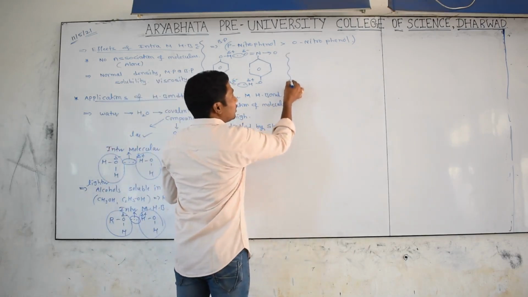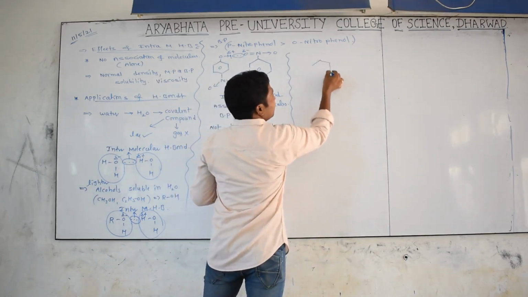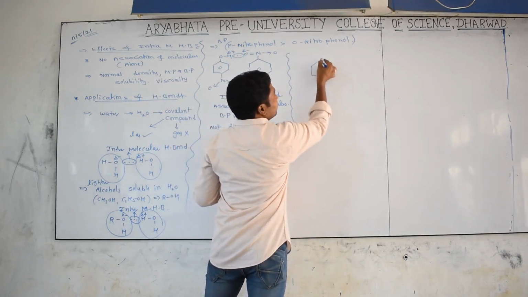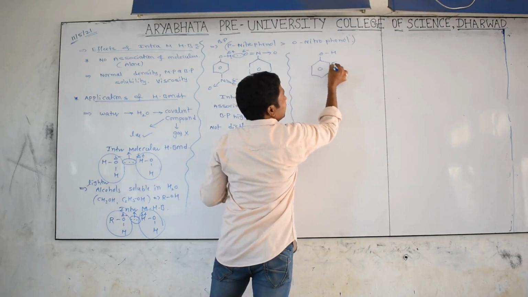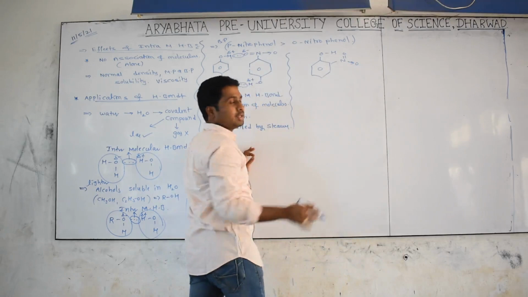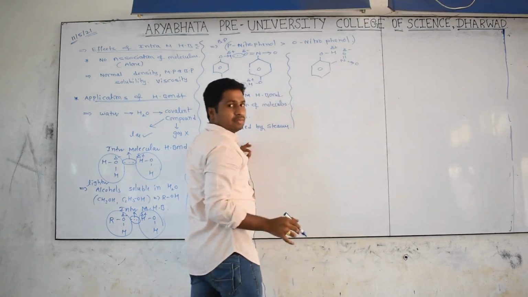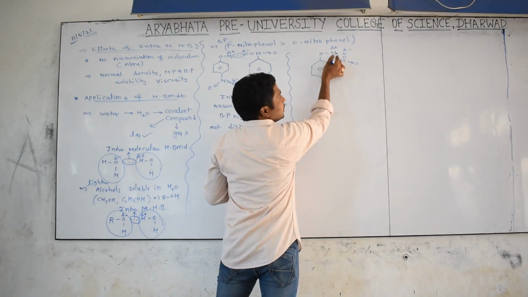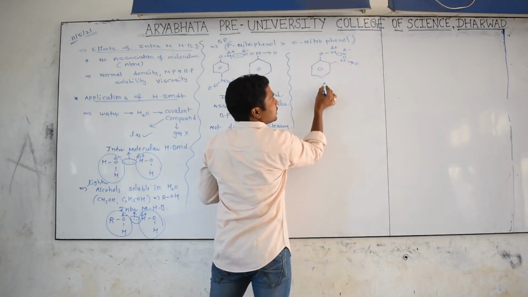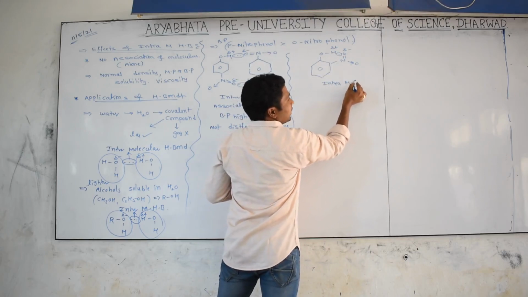Now if you come to orthonitrophenol, what is the situation? OH and N double bond O and O like this. Here we get partially positive and partially negative. They are very close together, that's why attraction comes, and that is called intramolecular hydrogen bonding.